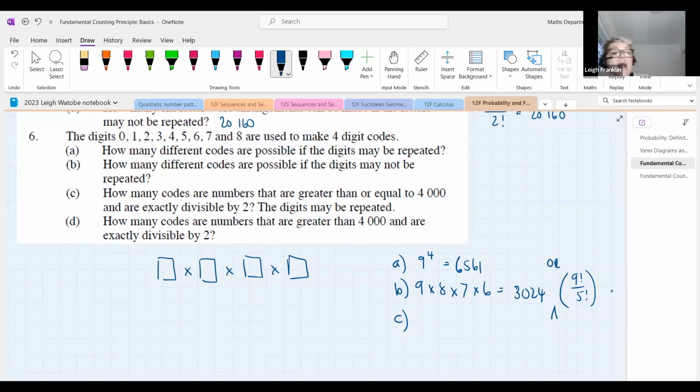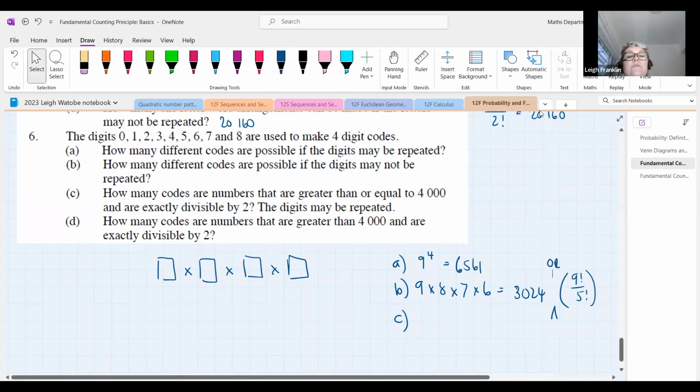Now, question C. How many codes are numbers greater than or equal to 4,000 and are exactly divisible by 2? The digits may be repeated. So if the number has to be greater than or equal to 4,000, in how many ways can you fill the first block?